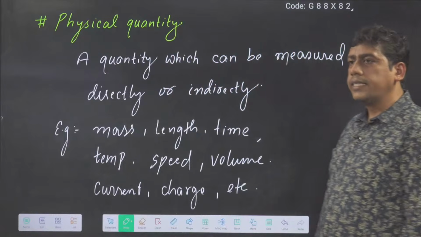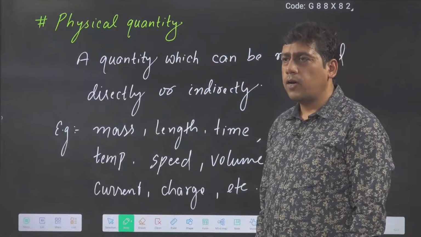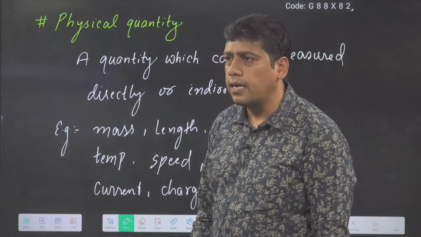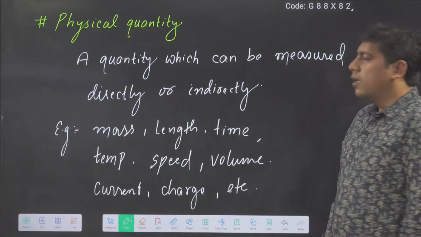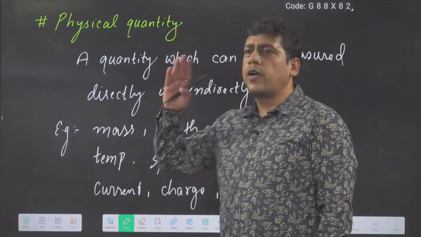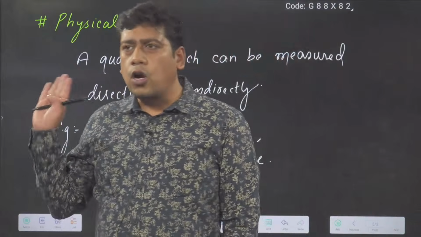Yes, extensive property. Anger, correct. Affection, correct. Love, correct. Intelligence, correct. Very good. Now, these are of two types, fundamental and derived quantity. But I will not go there.